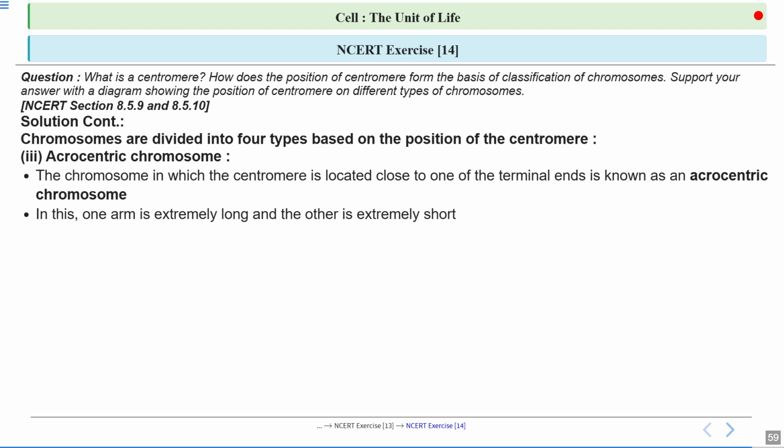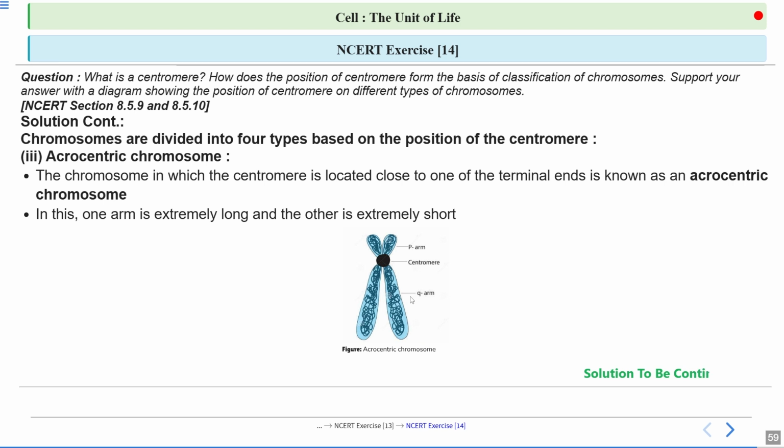In this, one arm will be extremely long as compared to the other arm. You can see this P arm is extremely short as compared to the Q arm. Here you can see the chromatin in the chromosome.